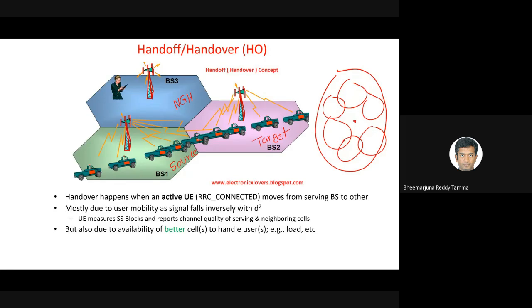So the logic could be different, but at the bare minimum, we have to make sure that calls are not dropped. And if possible, we want to give better data rates and make the users happy.